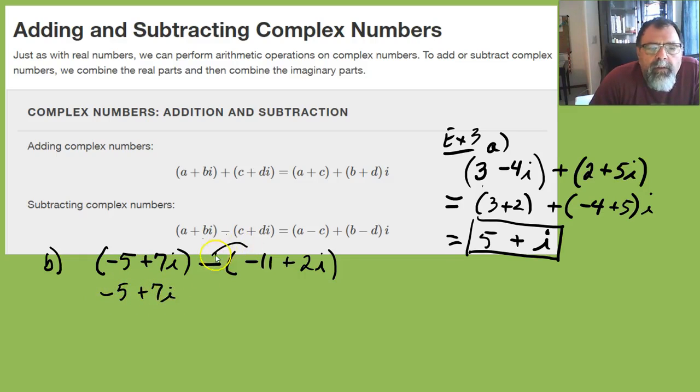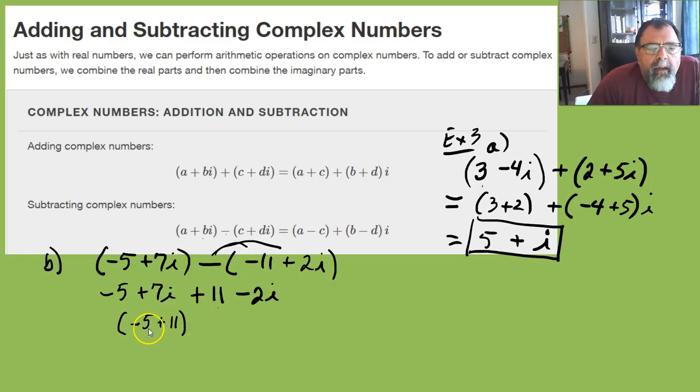This one I have to distribute the minus sign, so minus a negative 11 becomes plus 11, and then minus 2i, because negative 1 times 2 is negative 2. Now I'm going to combine like terms, the negative 5 plus 11. Again, I wouldn't write this step, just to emphasize what we're doing.